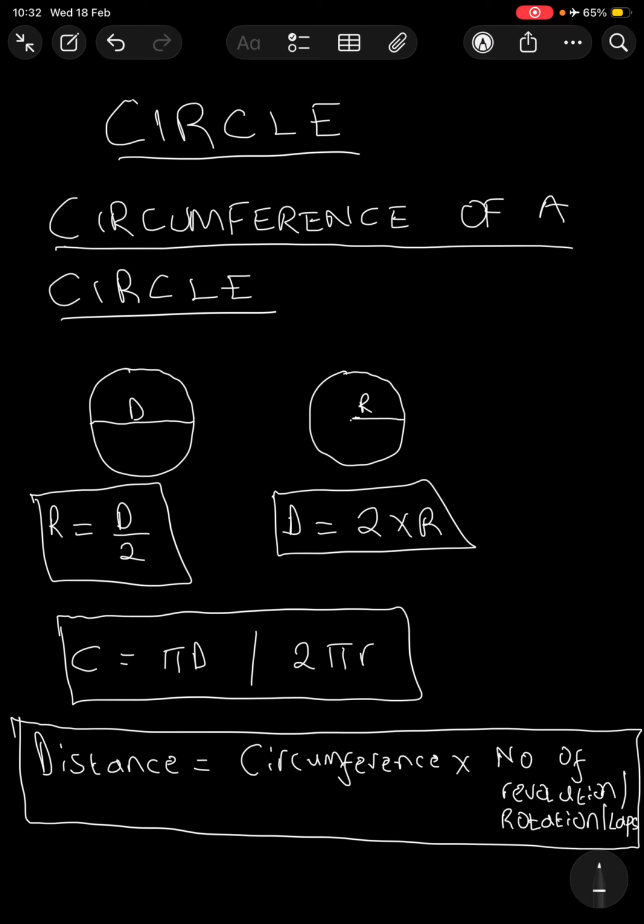Example 1. We have the diameter, which is 2.8 centimeters.